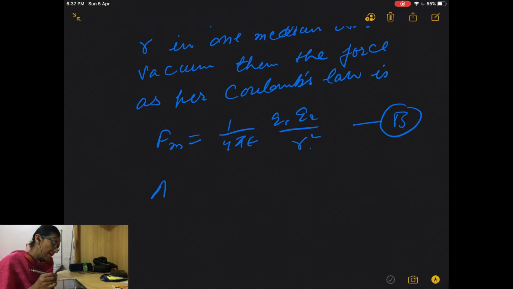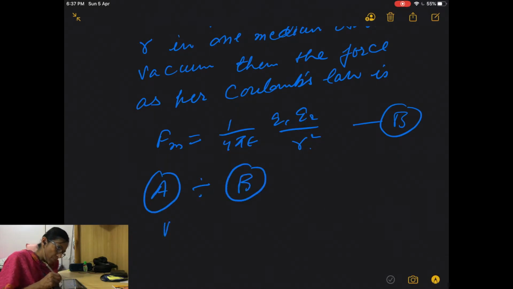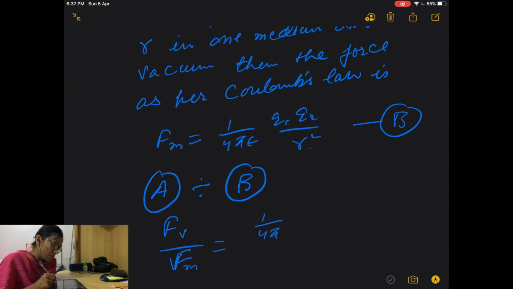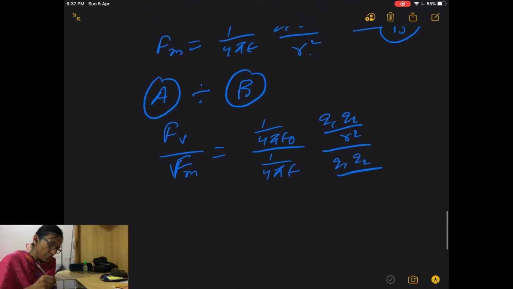Now on dividing A by B, force in vacuum divided by force in medium is equal to 1 by 4 pi epsilon naught divided by 1 by 4 pi epsilon, times q1 q2 by r square divided by q1 q2 by r square.